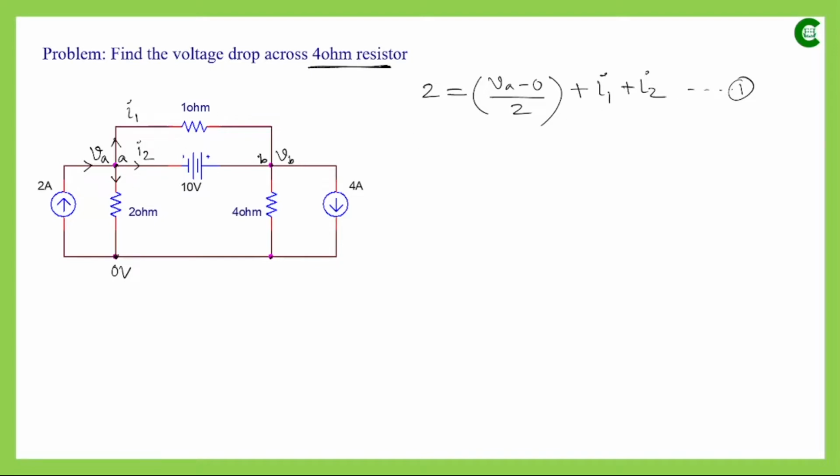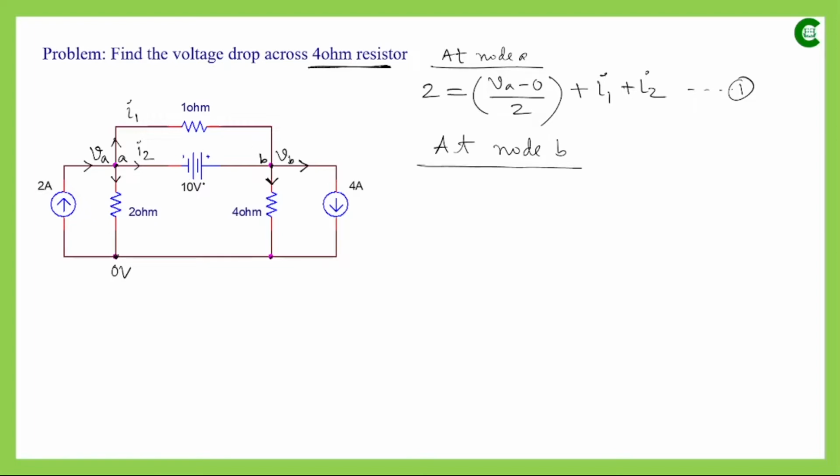This was at node A. Now if we apply KCL at node B, we can see that we have a current source whose direction is given. With respect to this node, it is leaving. For the other branch it is not given, so we'll assume that the current is leaving.